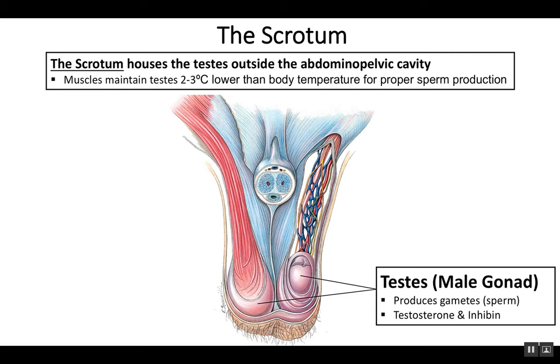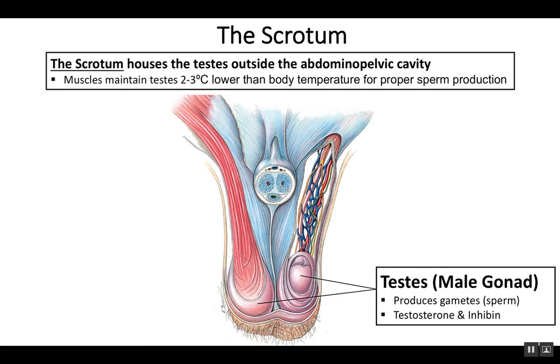This is a drawing primarily of the scrotum, which houses the testes outside the abdominal pelvic cavity, whereas when we get to female reproductive organs, we'll find the ovaries inside the pelvic cavity. The testes are found outside the abdominal pelvic cavity in order to maintain a temperature slightly below normal body temperature.